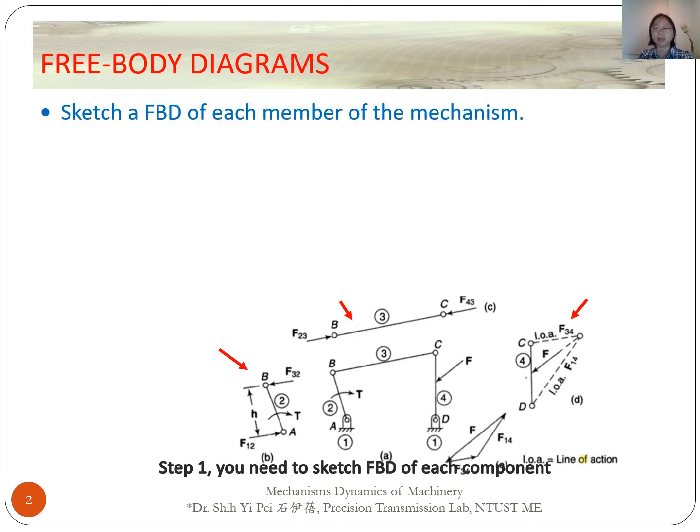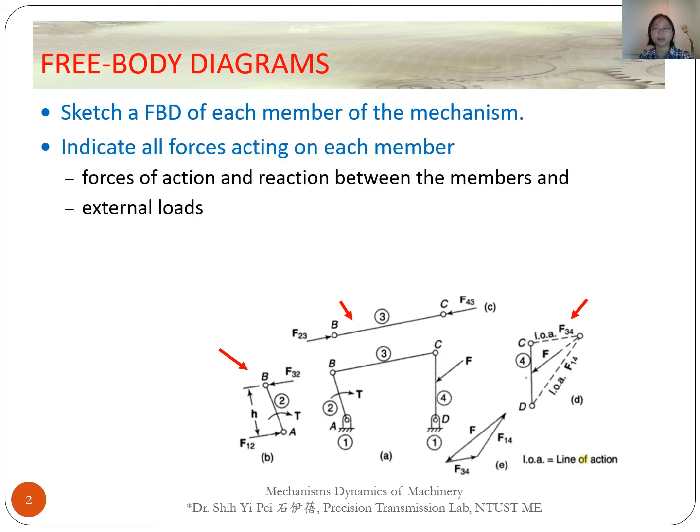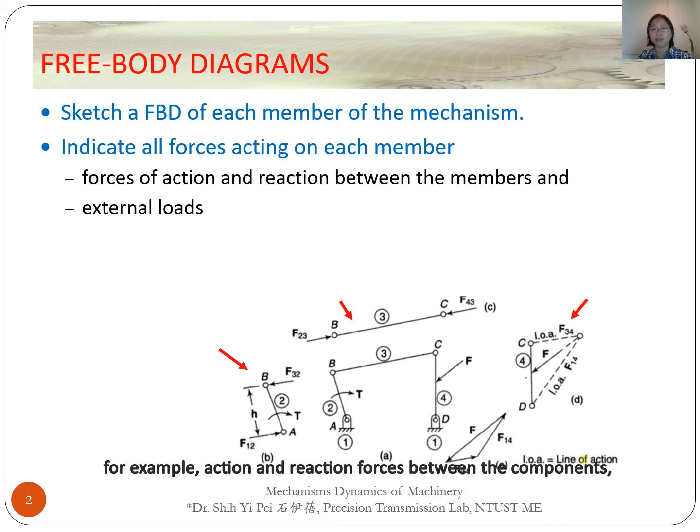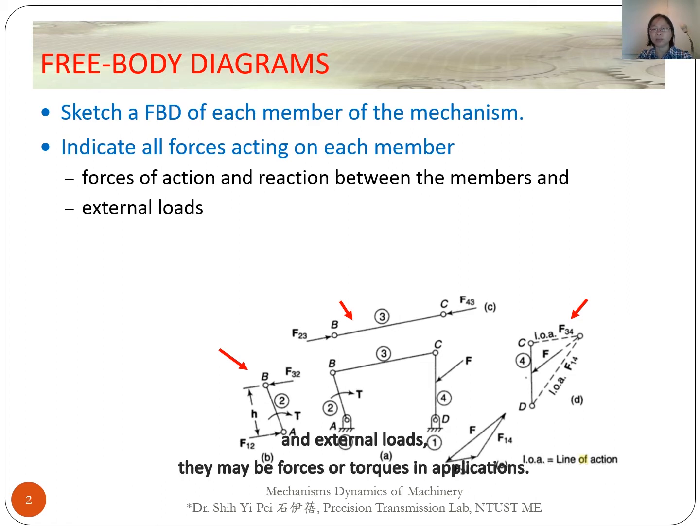You need to sketch a free body diagram of each component of the mechanism except for the frame. Step 2. All the forces acting on the components must be indicated on the free body diagrams, for example, action and reaction forces between the components and the external loads. They may be a force or a torque in applications.